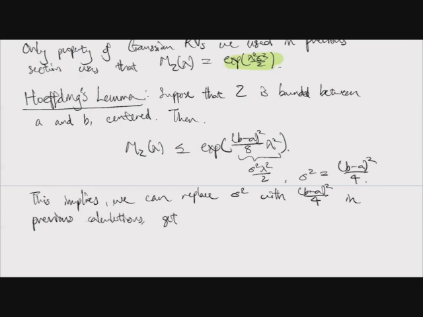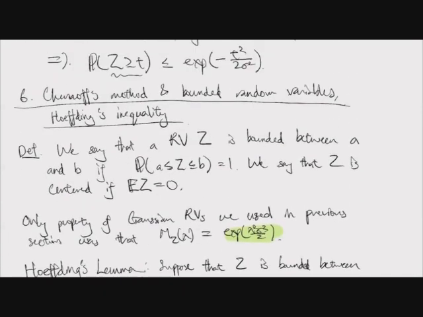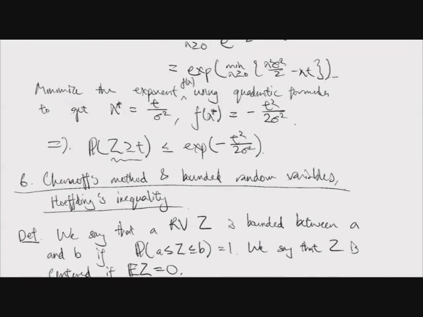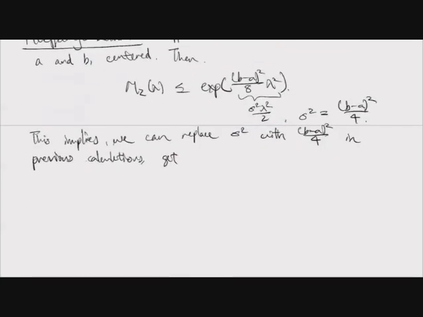And what do we get? Let's copy this, paste this here, and now I need to substitute back what sigma is. So this becomes 2 (b minus a) squared, and then 4 goes in the numerator.